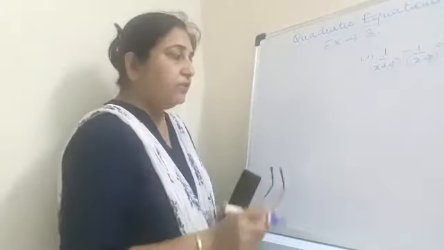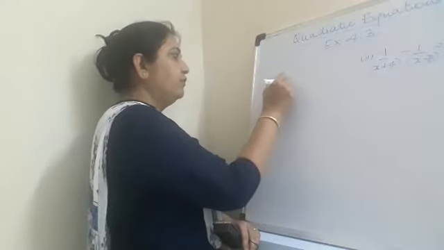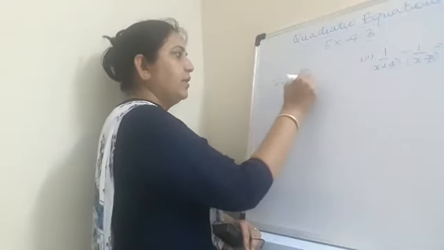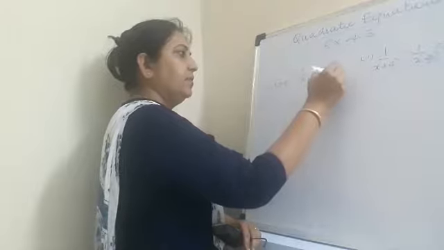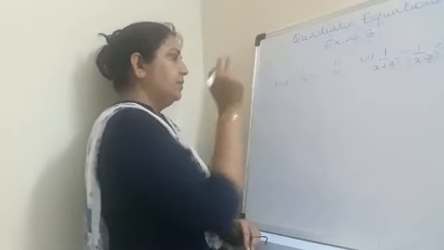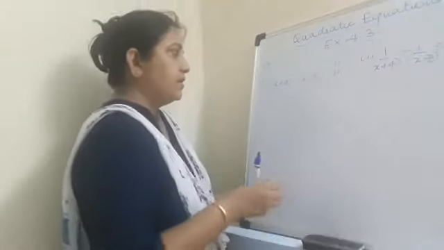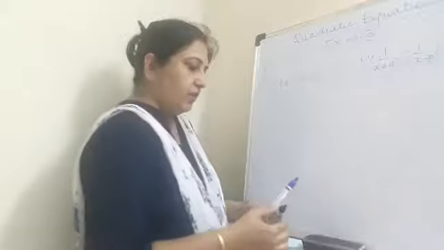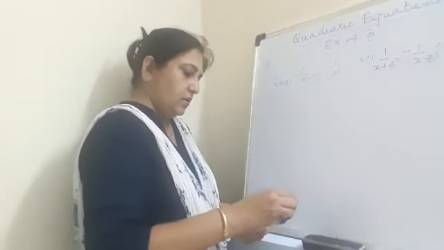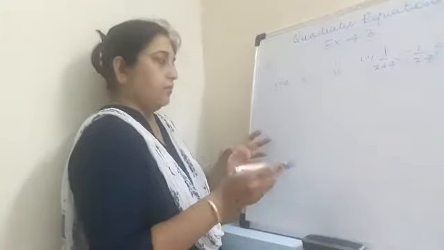You have to first solve it and convert it into a quadratic equation. Now you know that the LCM over here will be x plus 4 and x minus 7, and we will solve it and then find the equation in the quadratic form, right?